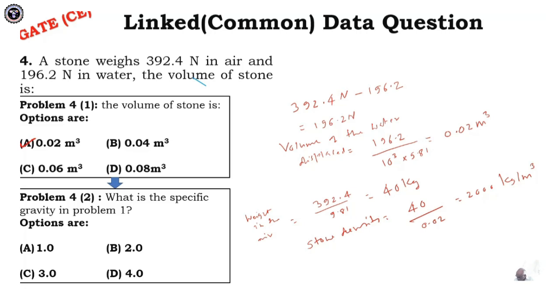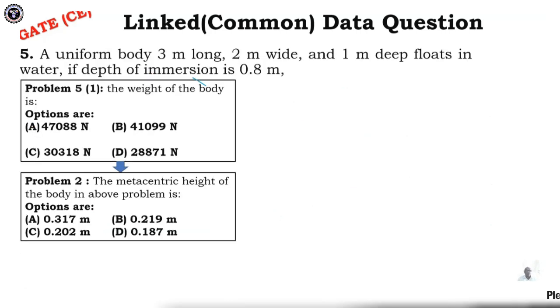The specific gravity is equal to the mass density of the stone upon the mass density of water, 2000 upon 1000, which is equal to 2. So option B is the right option. In the first case, option A is the right option, and in the second case, option B is the right option.